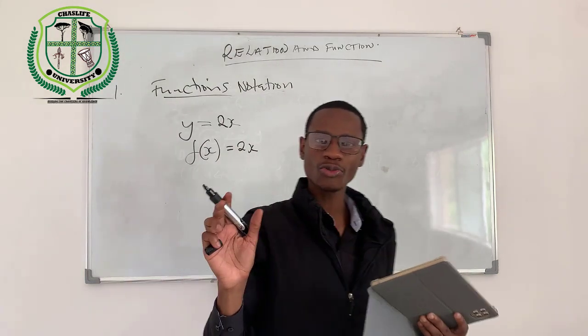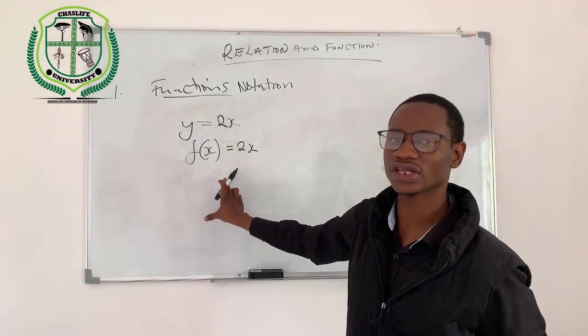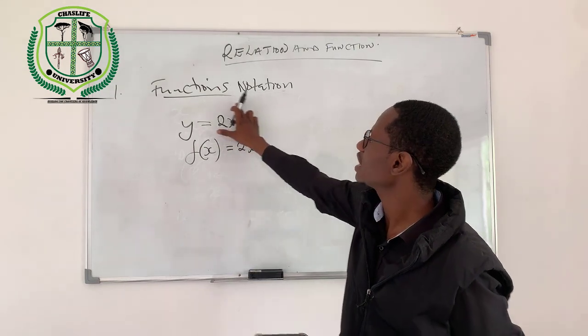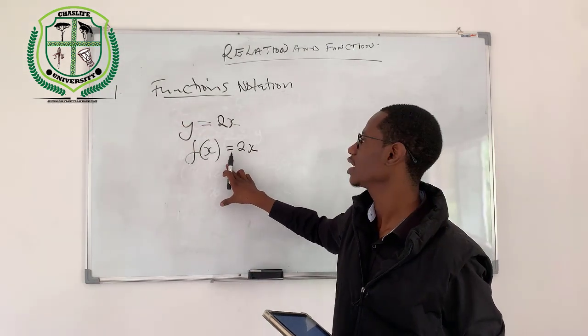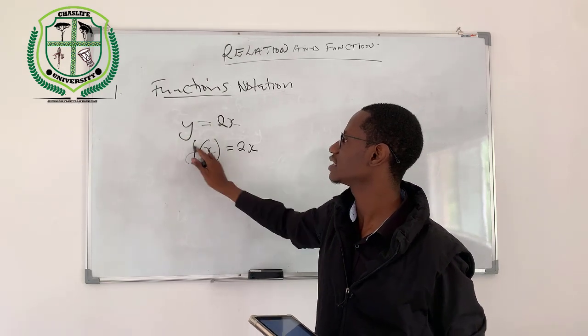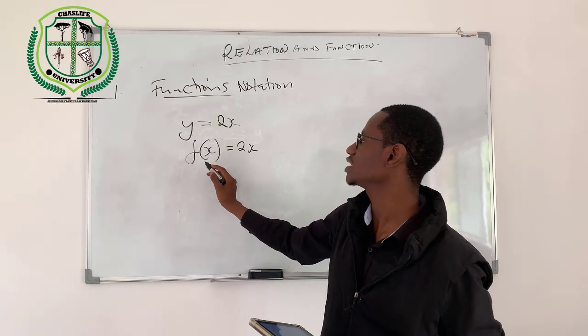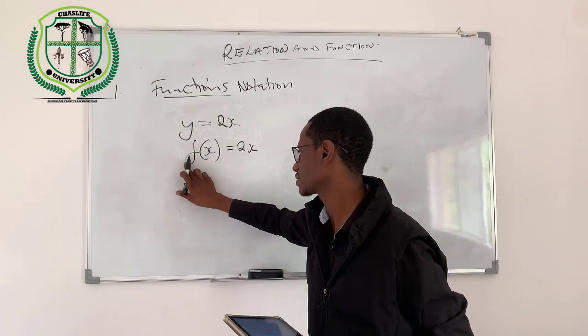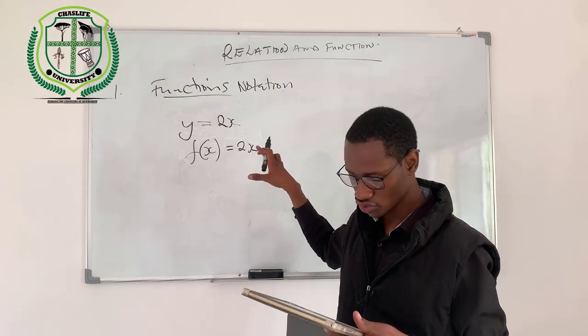Clear there? Hope you are not getting confused. So, for us to show that these are functions, in notation, we're going to say f of x. Okay? F of x means that there is a y there. Okay? That is invisible. So, when there is y, we put f of x. Alright? We put f of x, which is equal to 2x.